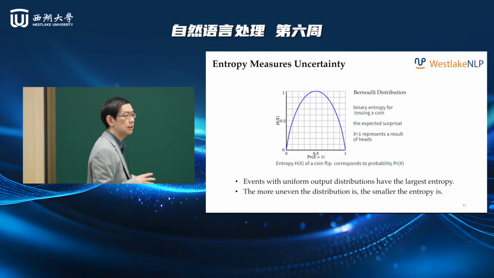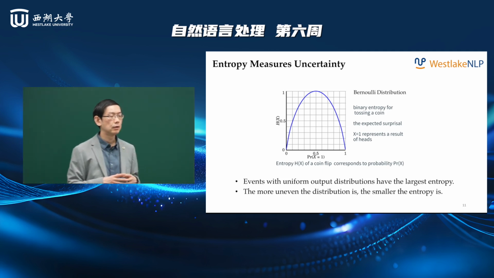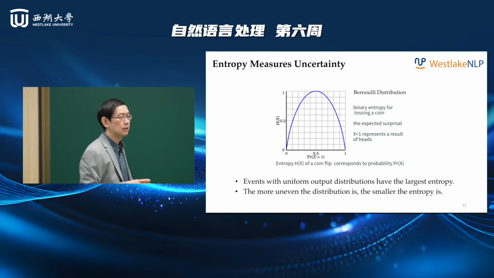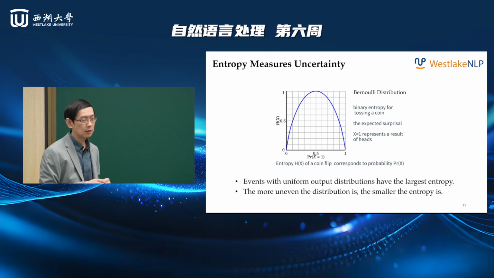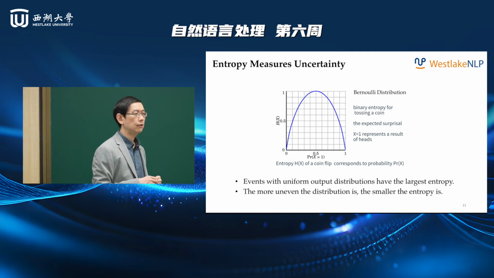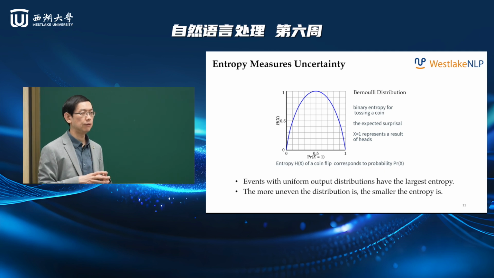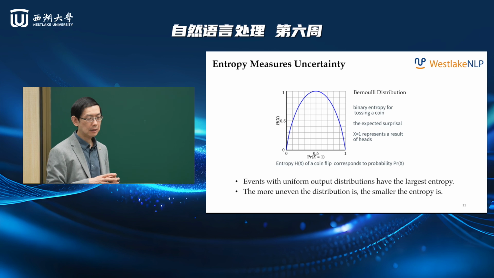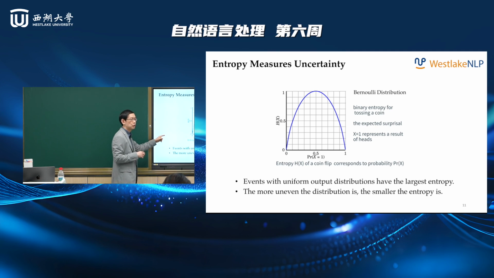In addition to these 2 intuitive examples, I can also draw you the entropy value of random events. This is an example of coin tossing. The x-axis shows you the probability of heads. The y-axis shows you the entropy of this random event. As you can see, if you're completely certain that there is no head, the entropy is 0.